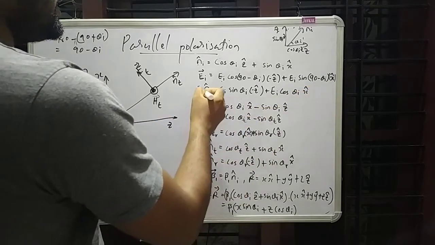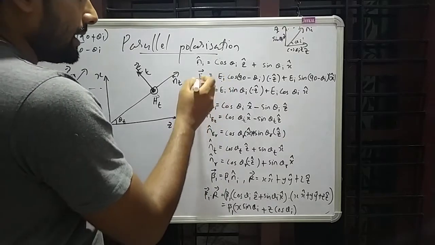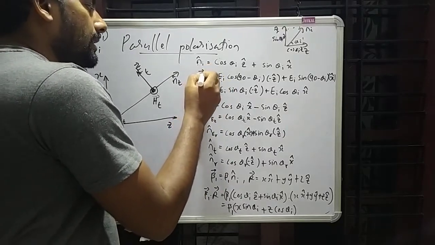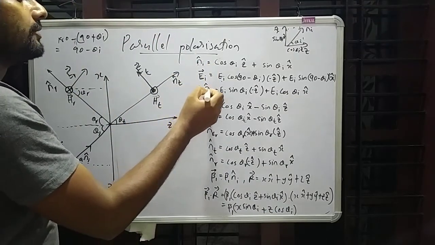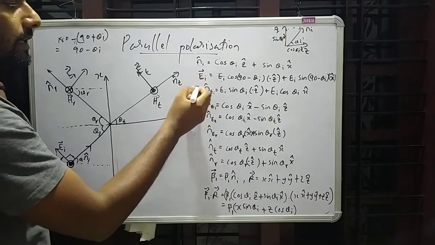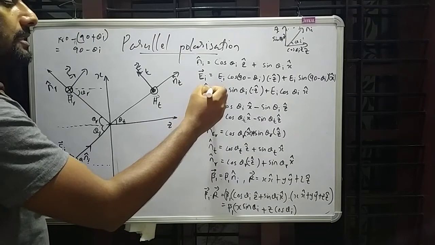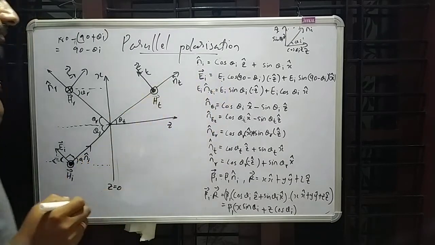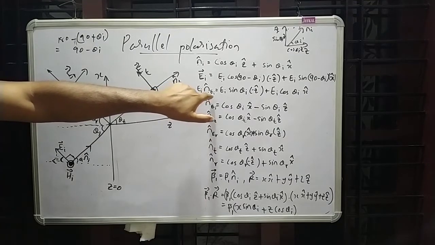I can write this electric field vector as Ei, the magnitude, into the direction of the electric field vector, the unit vector. The direction is n cap Ei, as I have represented here.